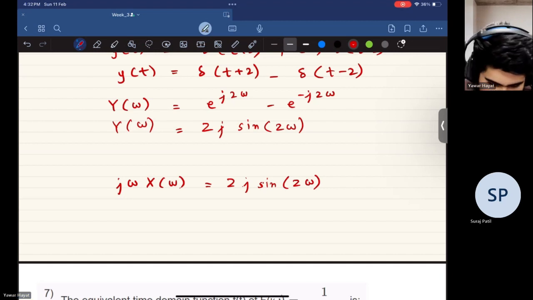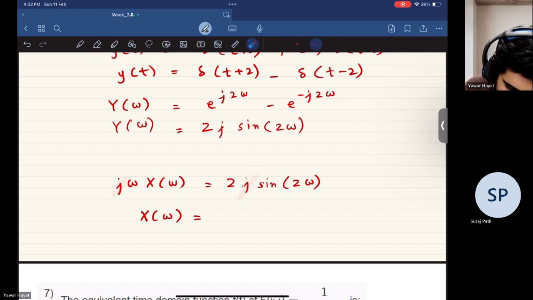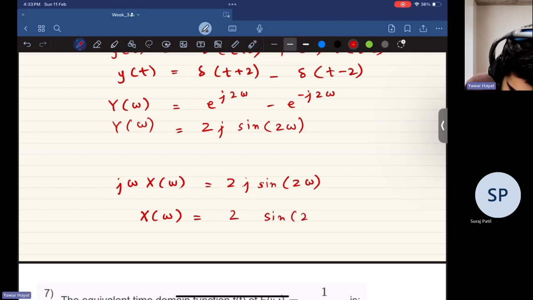This gives X of omega as j and j would go, so 2 sine of 2 omega all divided by omega.